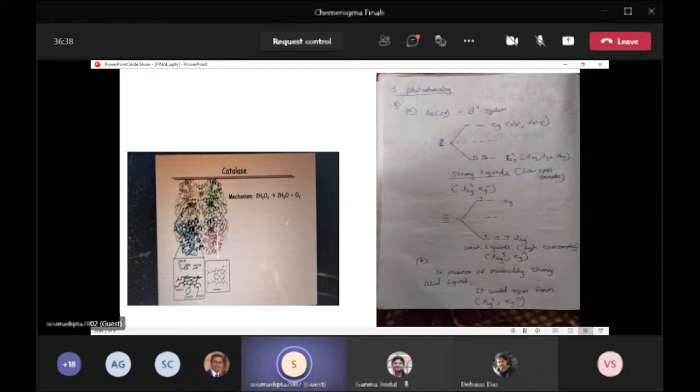Oxygen can back donate the electrons to iron 4, so in that case it can stabilize iron 4. Or if we think of a model where the ligands would donate electrons to iron 4, that can in a way stabilize it.